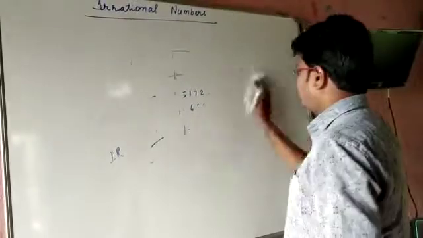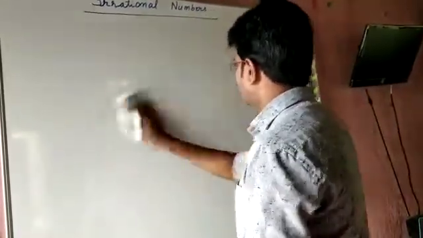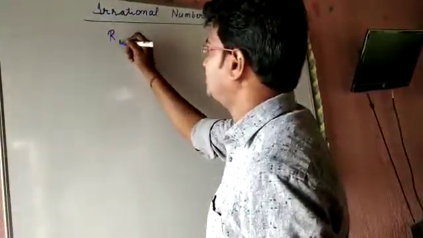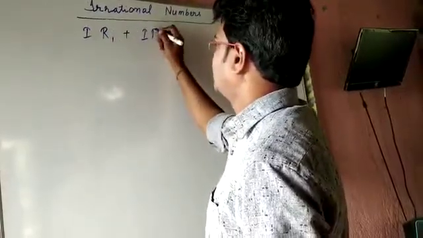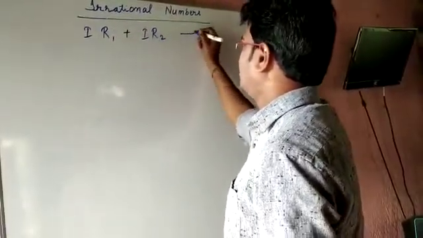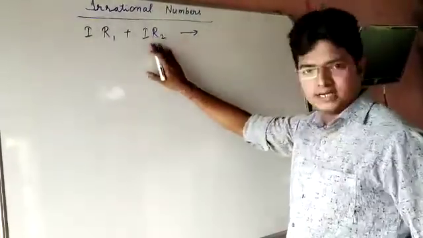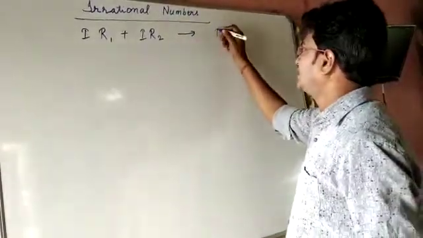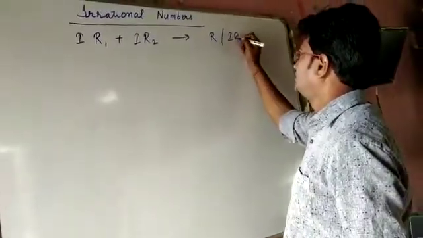Now certain operations are there which you should know. If you are asked to add two irrational numbers, IR1 the first irrational number and IR2 the second irrational number, the answer can be rational or irrational.